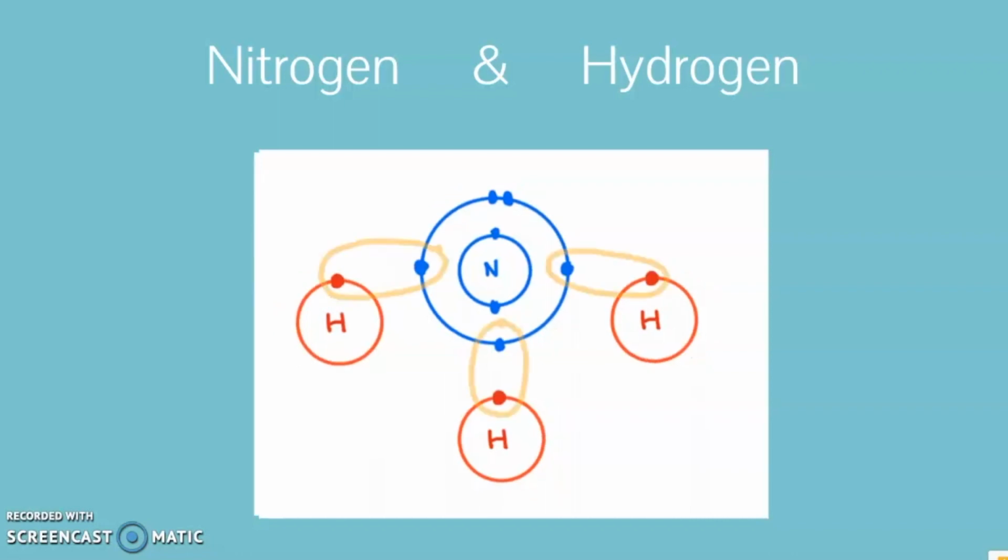And I'm going to circle where that covalent bonding is going to happen. The hydrogen and the nitrogen are going to share valence electrons. Covalent bonding is all about sharing. Same with this hydrogen sharing its valence electrons, and our last hydrogen sharing the valence electrons with nitrogen.